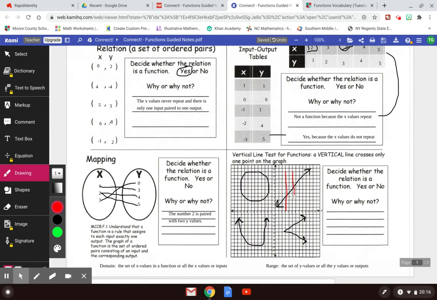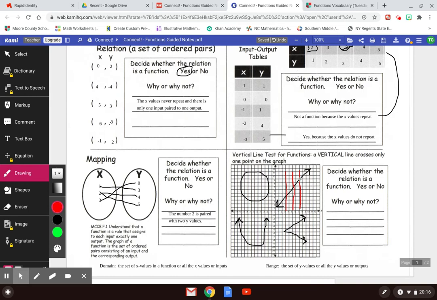If I draw a vertical line here, again, it passes one time, which means there's one input or one x value for one output or y value.